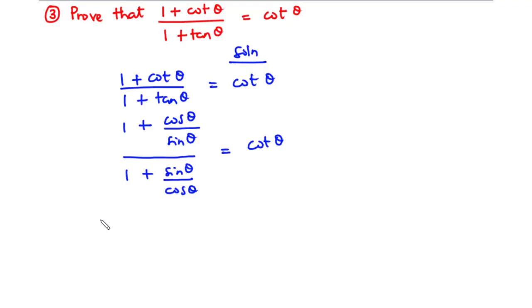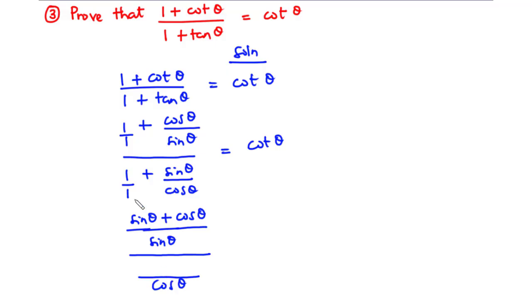Now let's proceed. So considering the numerator, the LCM between 1 and sin theta is sin theta. Sin theta divided by 1 is sin theta, times 1 we still have sin theta, plus sin theta divided by sin theta is 1, times cos theta we have cos theta, and then we have divided by, this time for the denominator, the LCM is cos theta.